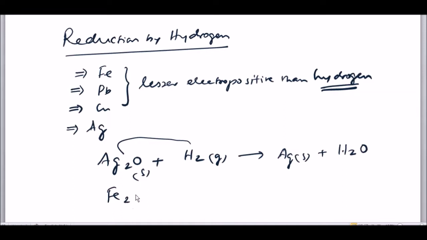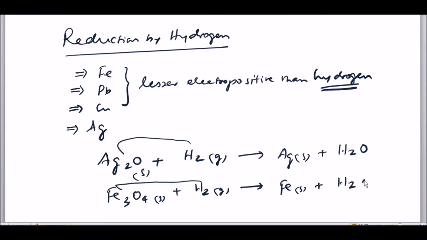And in the other case, Fe3O4, solid, which is treated with hydrogen gas. As the hydrogen is more electropositive, it can displace this. So Fe is separated out and water is formed along with that.